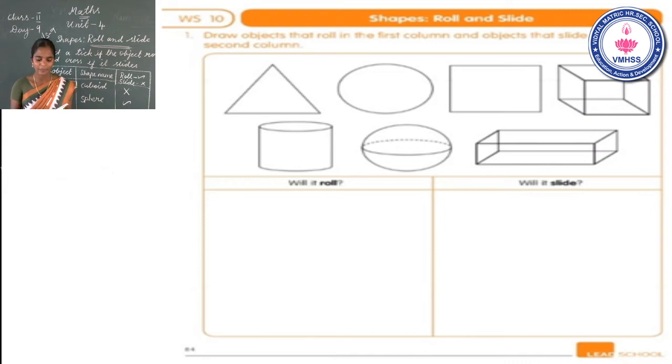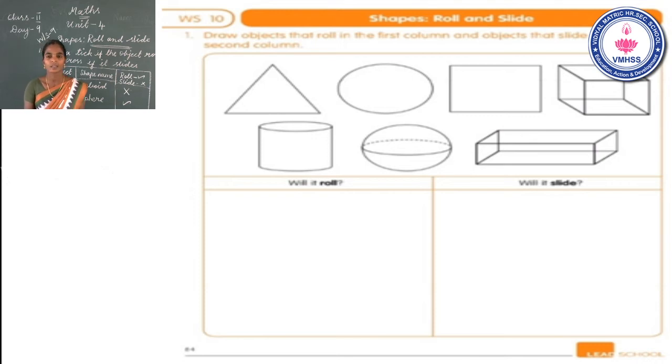Next shape, cylinder. Next one, sphere. Next, cuboid. So triangle, circle, square, cube, cylinder, sphere and cuboid. Draw objects that roll in the first column and objects that slide in the second column.